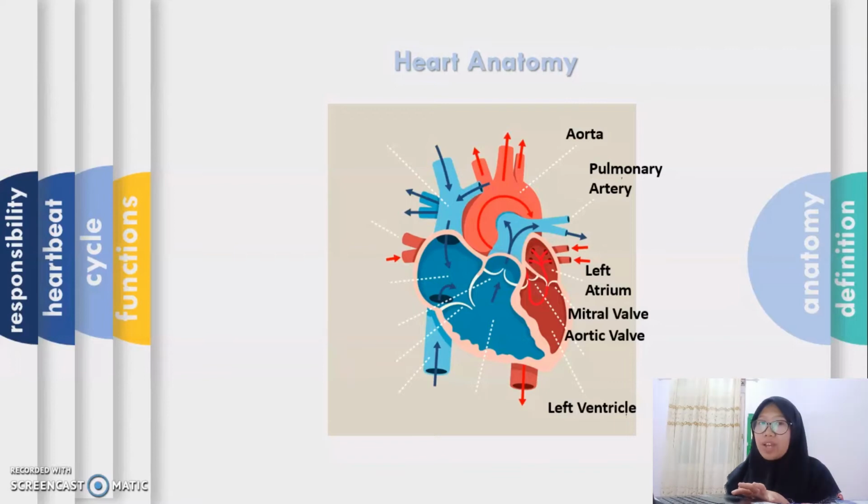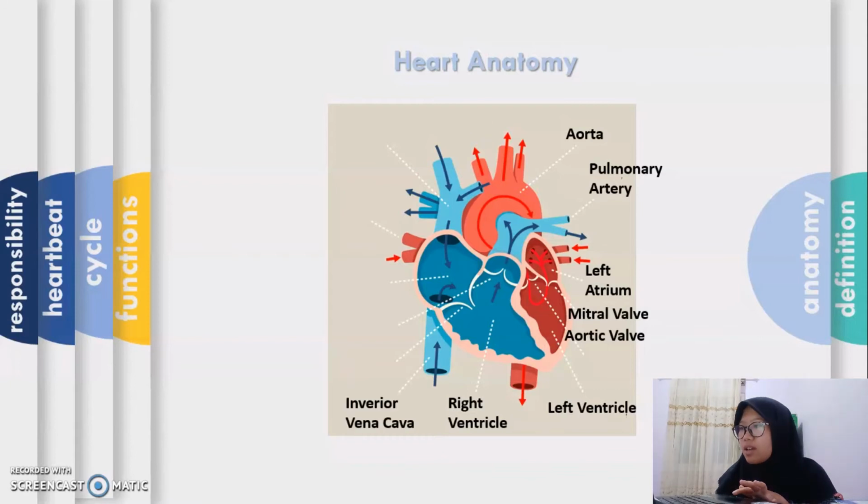Next is the right ventricle. The right ventricle is the lower right chamber of the heart that receives blood from the right atrium and pumps it under low pressure into the lungs via the pulmonary artery.